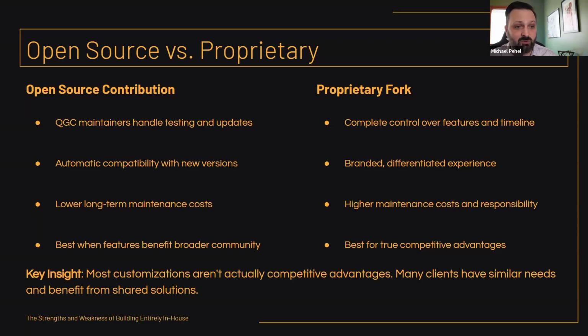But if you do have a true competitive advantage and you need your software functionality to be completely separate, then you probably already can afford to distance yourself a little bit from upstream, right? You're pretty solid on the engineering side.